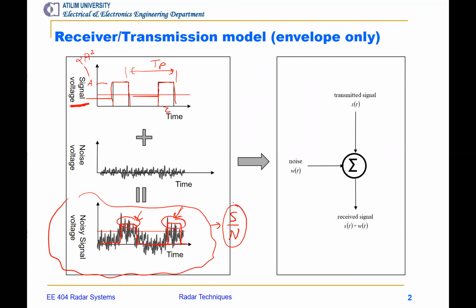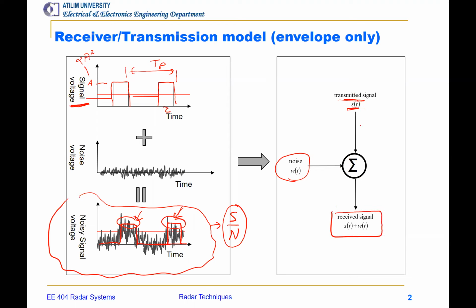The equivalent model of this is shown on the right-hand side. We got the transmitted signal. So this is the transmitted signal from the radar transmitting antenna. And we got noise in the channel or the receiver, which is superimposed on this transmitted signal. And we got the received signal right here.